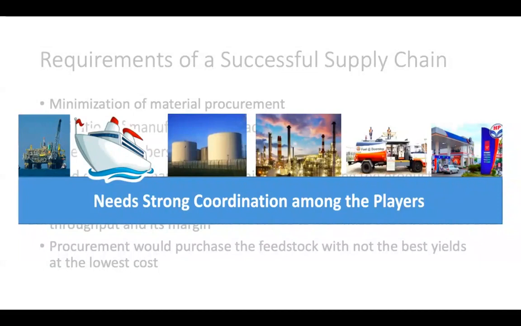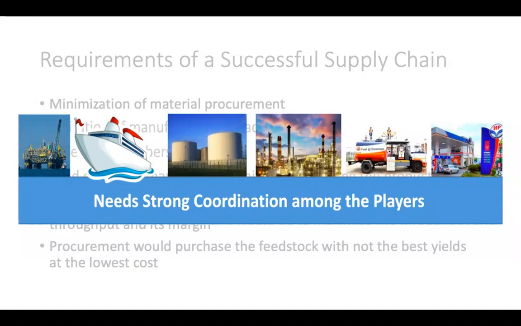So there are certain challenges, and every unit must coordinate with each other so that the supply chain system will become successful. So first and foremost, when different entities are involved in one network, coordination is required among the nodes.